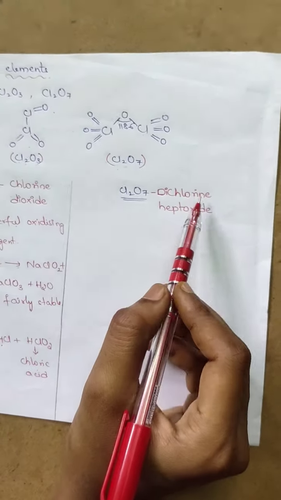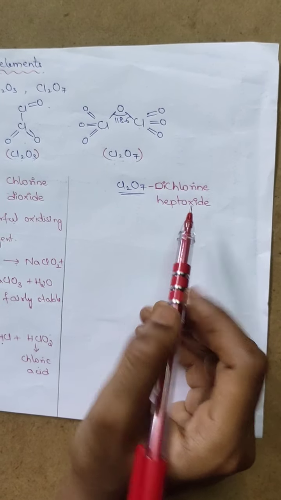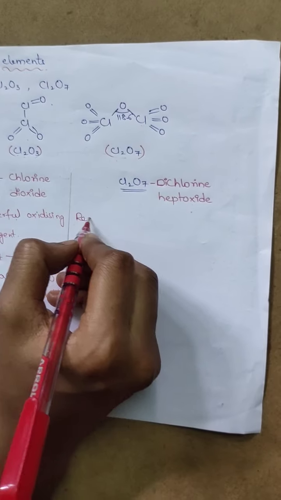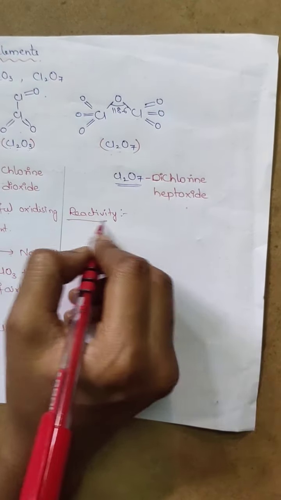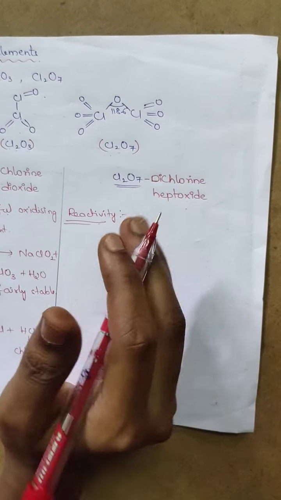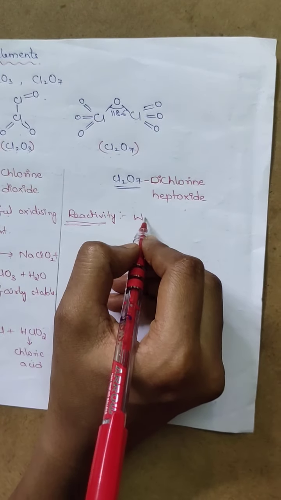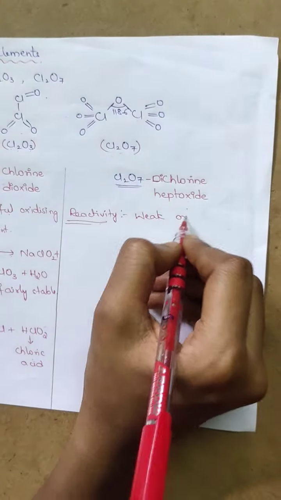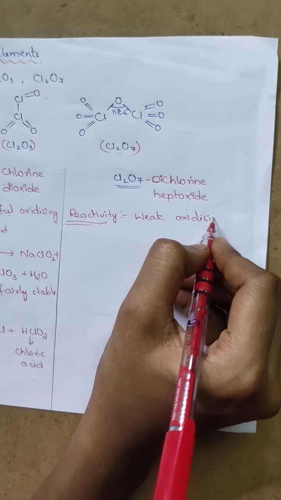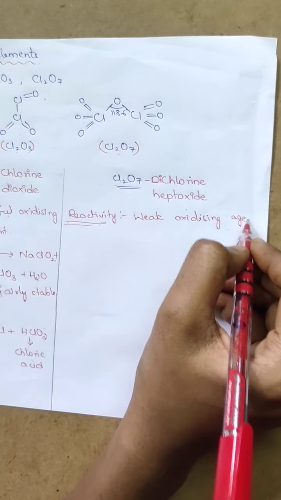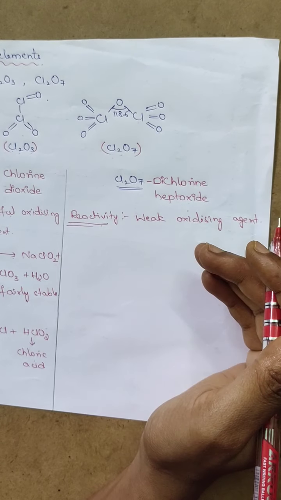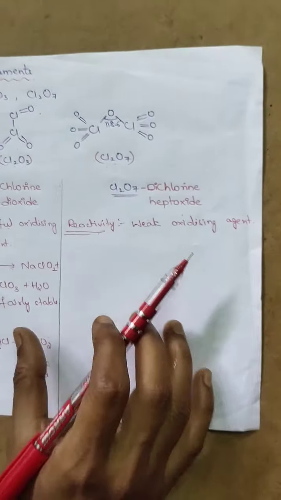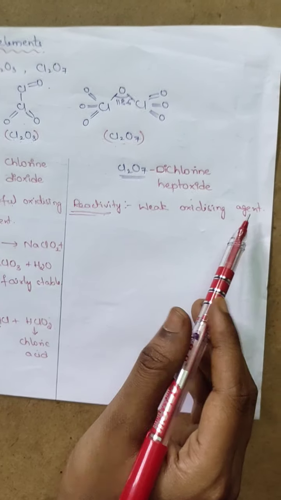Next one is dichlorine heptoxide. In this one, first we have to see the reactivity. It is a weak oxidizing agent.